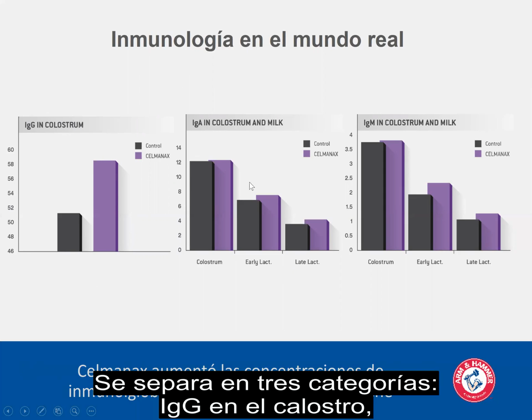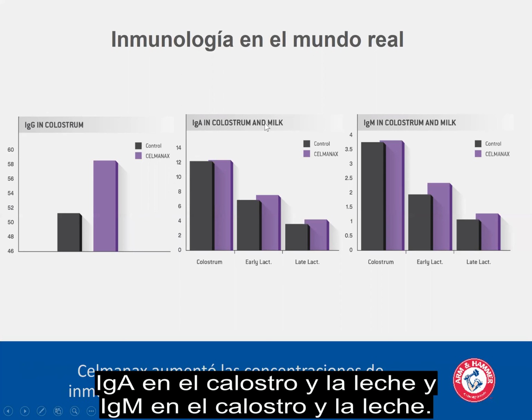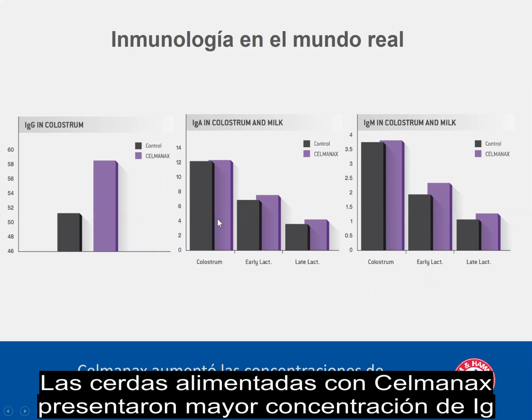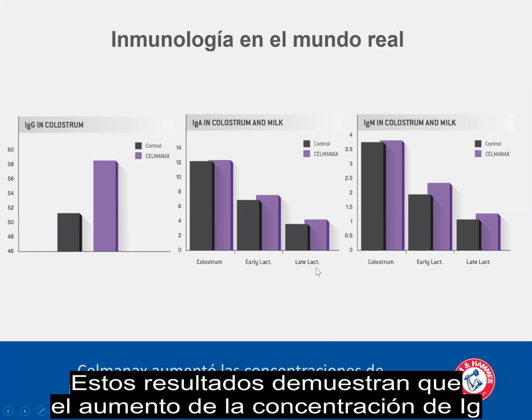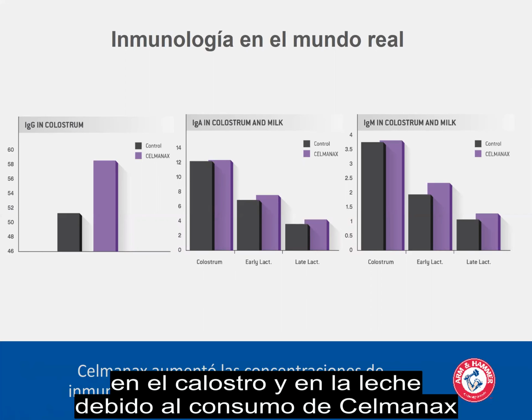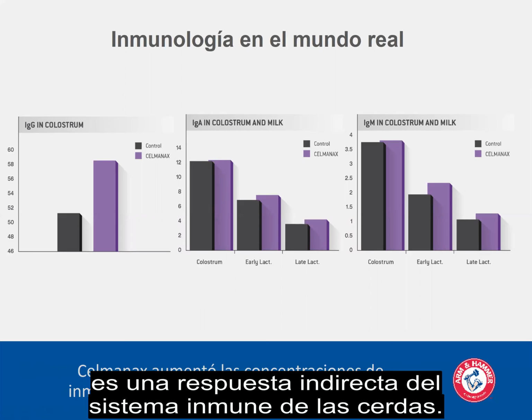In each one of these, the immunoglobulin concentration, whether it's IgG in the colostrum, whether it's IgA in colostrum and milk, or IgM in colostrum and milk, the Salmonax fed sows always had a higher immunoglobulin concentration throughout colostrum, early lactation, and late lactation. So what this is really measuring is Salmonax's increase of those immunoglobulin concentrations in colostrum and milk are actually an indirect measure of that whole sow's immune response as well.